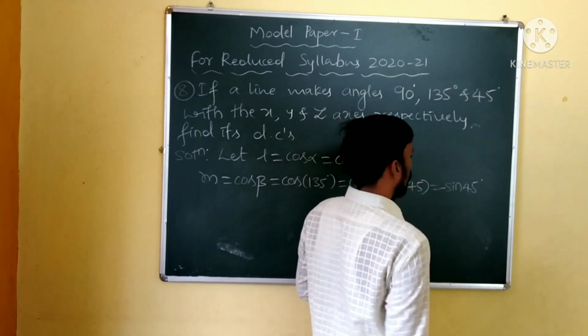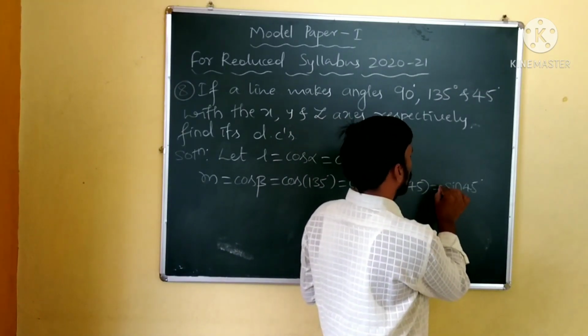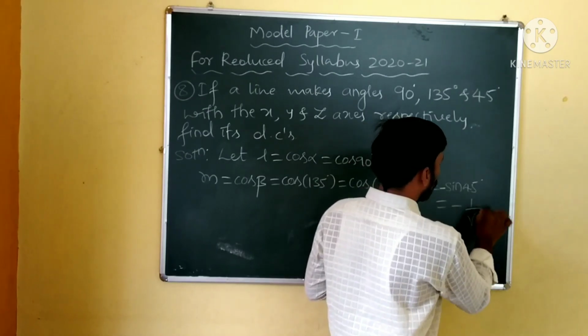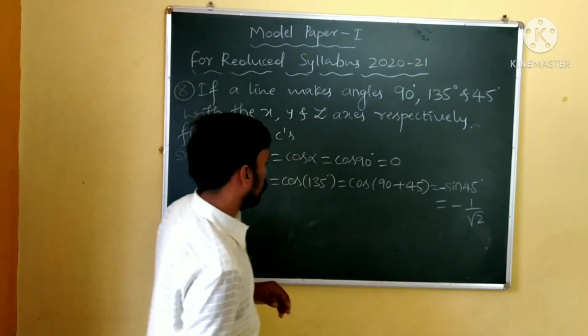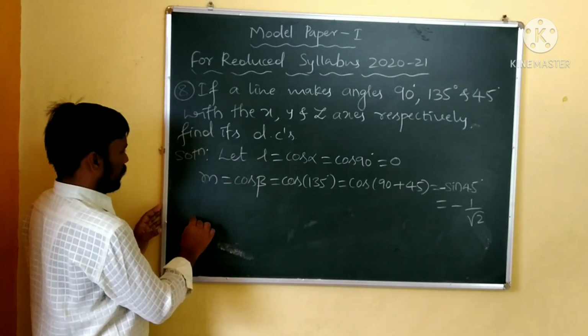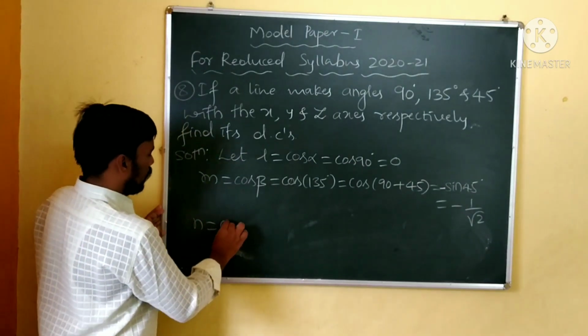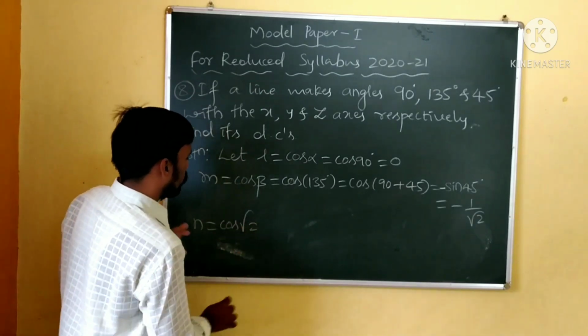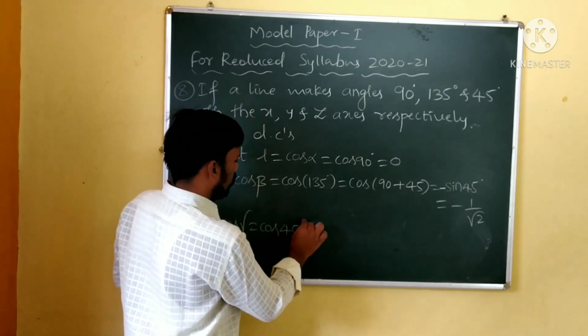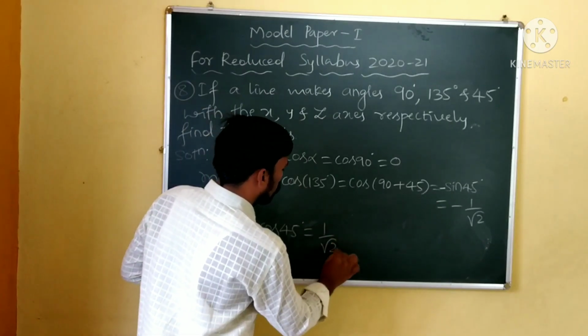So it is minus sin 45, which is equal to minus 1 by root 2. And the third direction cosine, n is equal to cos gamma, cos of the third angle, 45 degree. Cos 45 is 1 by root 2.